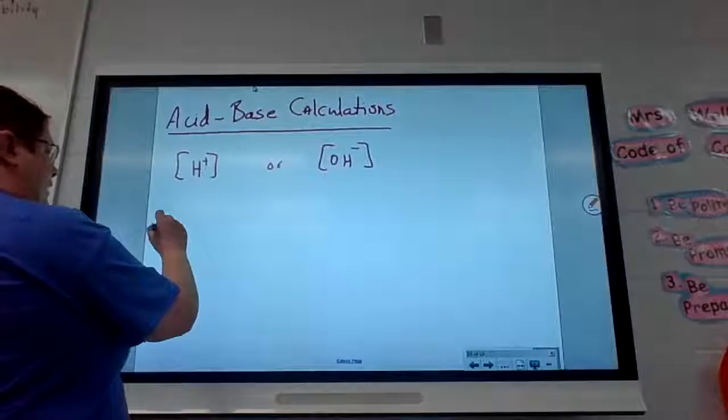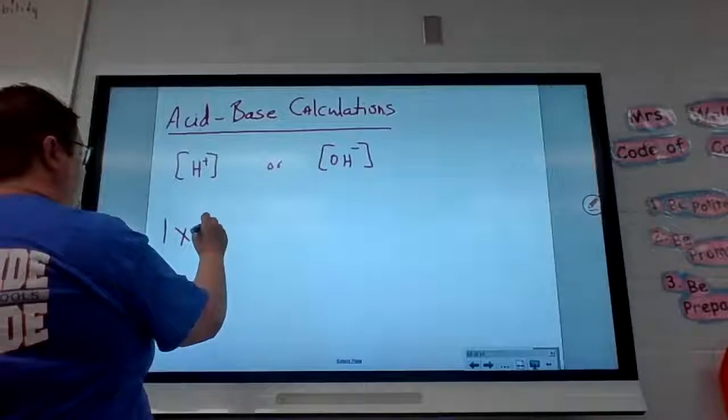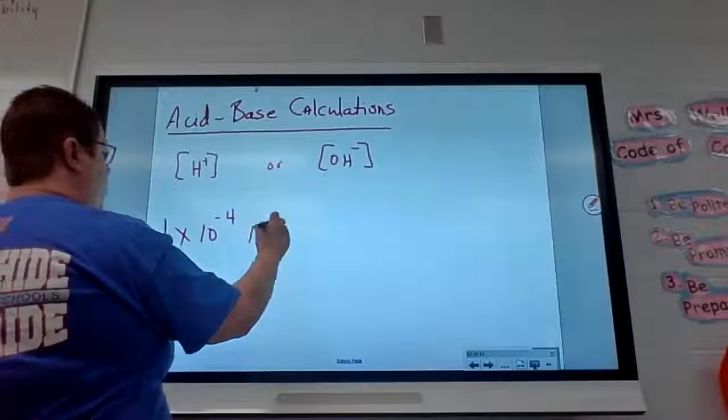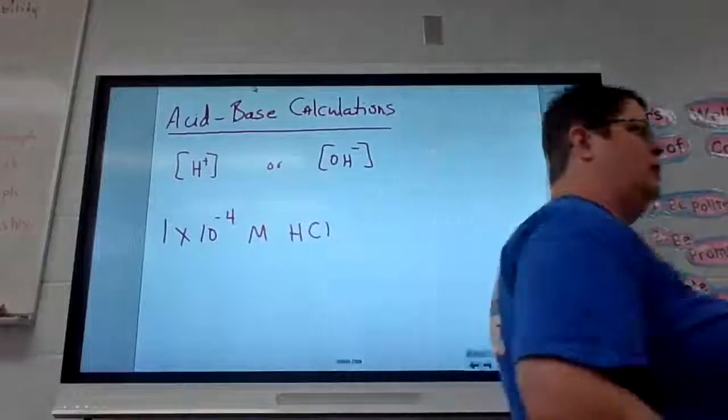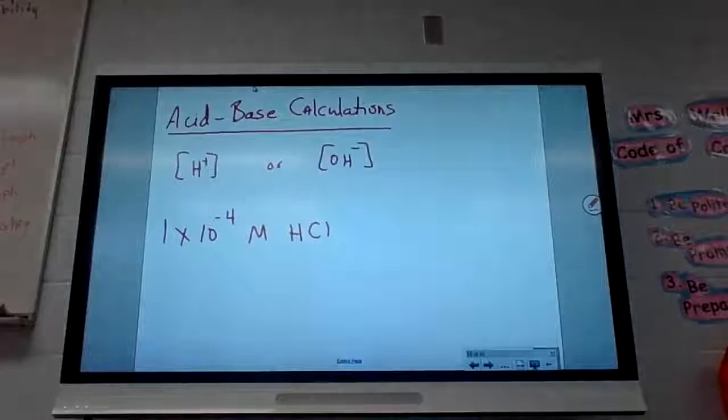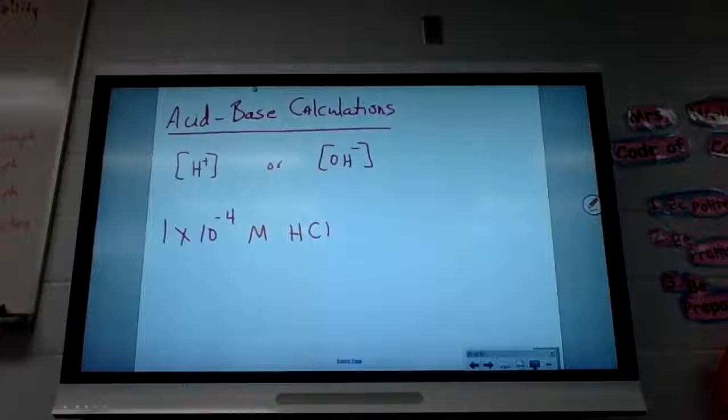So, if you're given, let's just say 1 times 10 to the negative 4th molar HCl, the question of the day is, which one of those 2 were you given? That's exactly right.